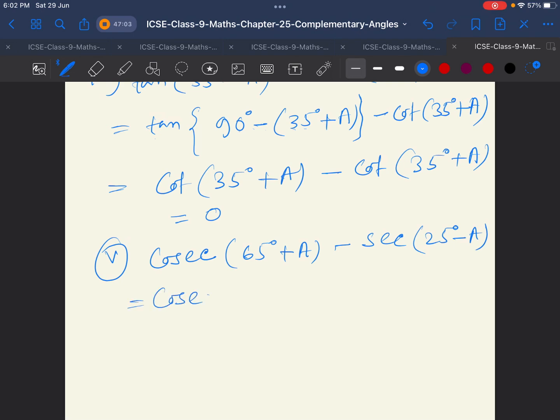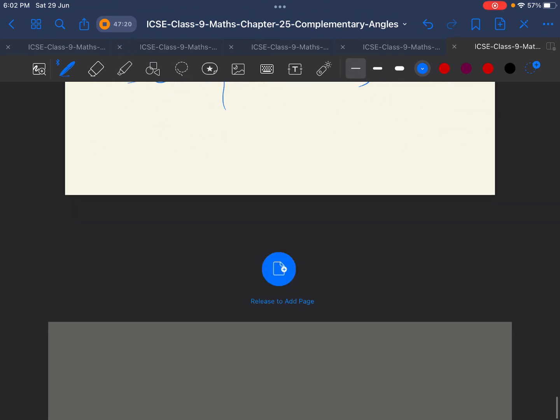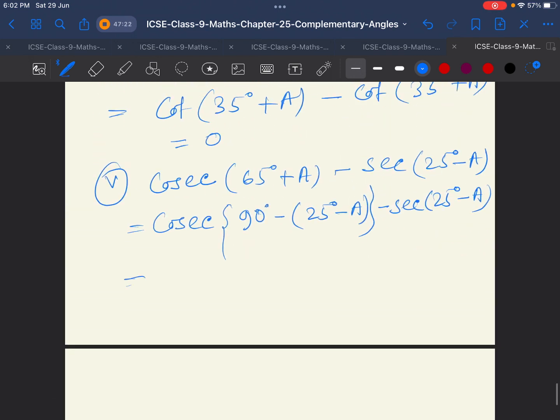Okay, so we can write cosec of (90 degree minus 25 minus a) minus sec of (25 minus a). So here we can write this term sec of (25 minus a) minus sec of (25 degree minus a). So this is 0.